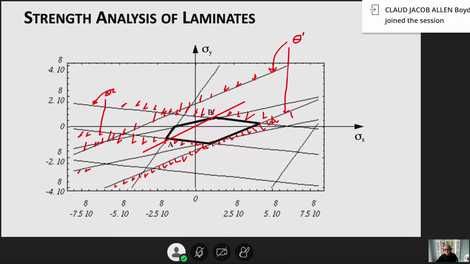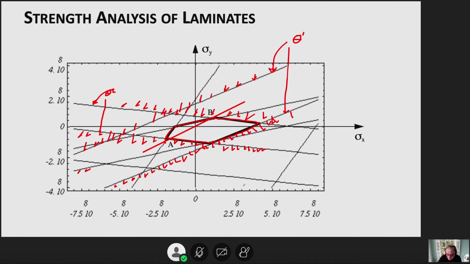You see, now we are starting to box the failure envelope. And you look at the other plies, and they will always also be coming in pairs. And eventually, you create the smallest envelope around the 0, 0 axis that you will be allowed to have stresses in different orientation angles.